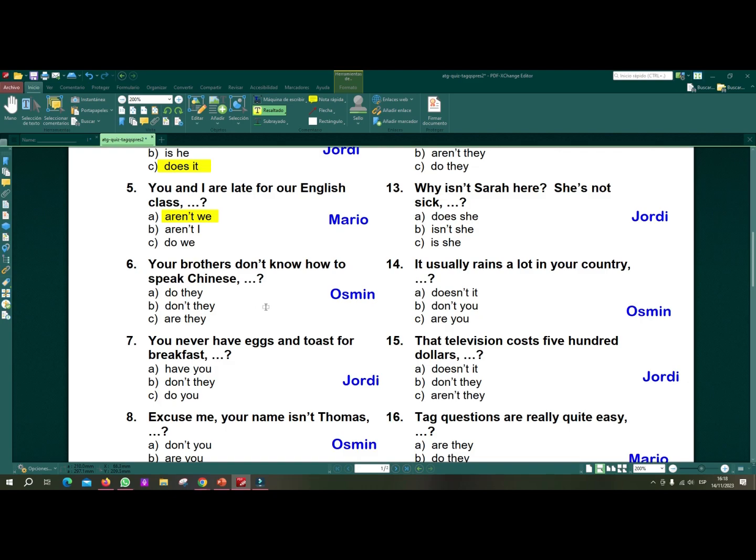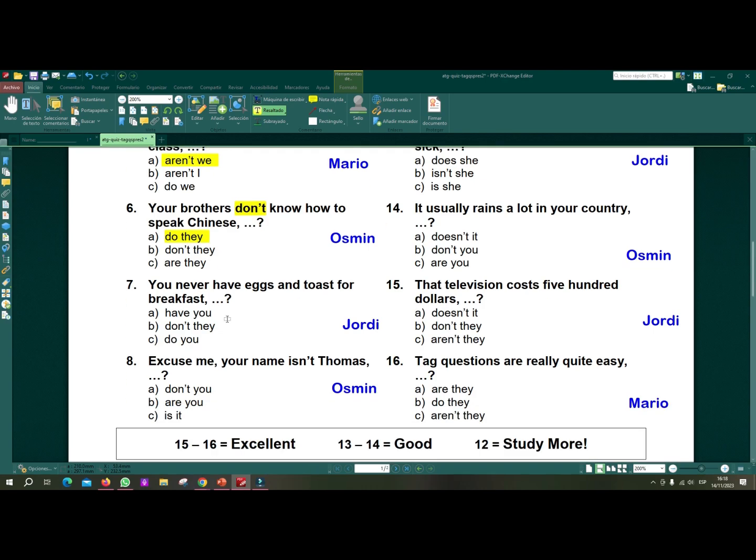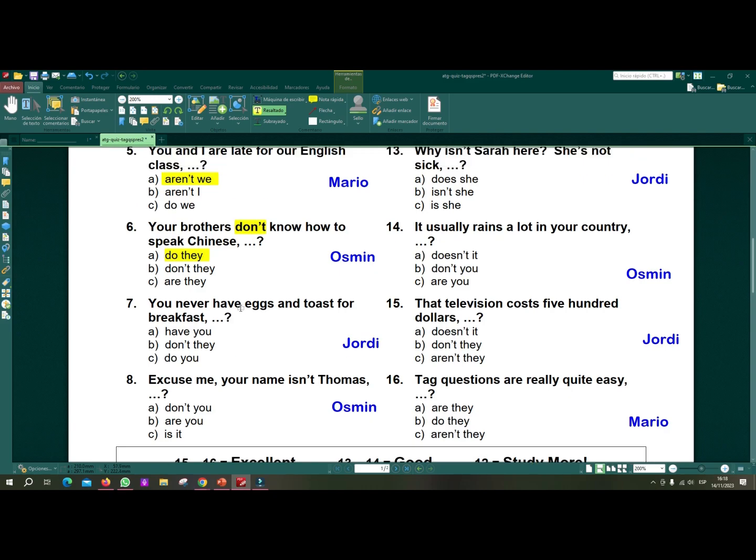Which one? A, B, or C? Are they, teacher? Are they? But here you're using don't. Do they? Yeah. Do they? You have a negative statement. You need an affirmative question. Okay, nice.